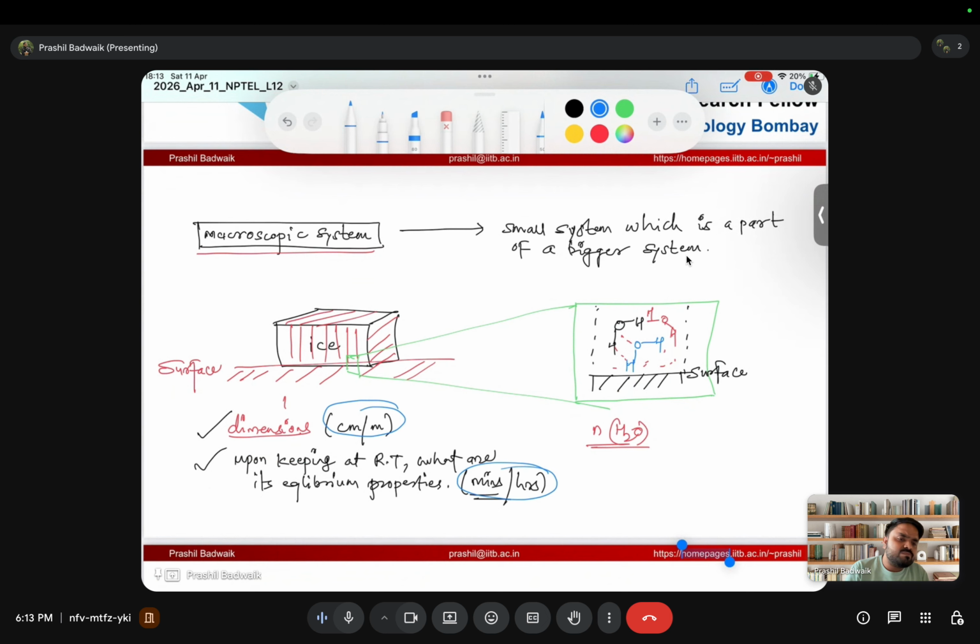When we take a very small part of it, you will find that the system is on the angstrom scale, because you know what the O-H bond length is, it's approximately 1 angstrom or 2 angstrom, right?